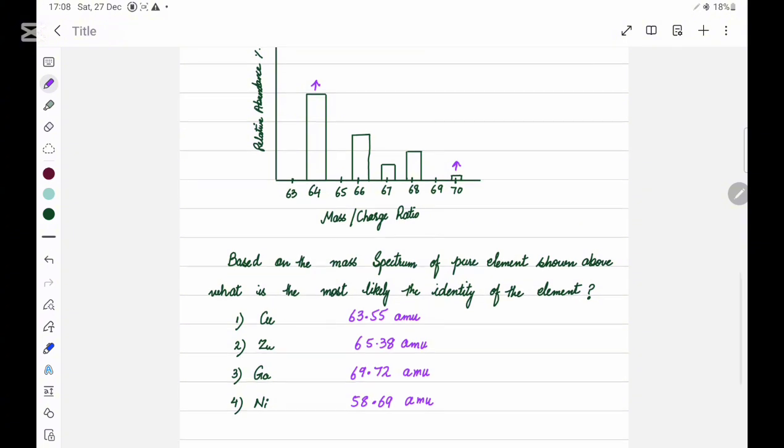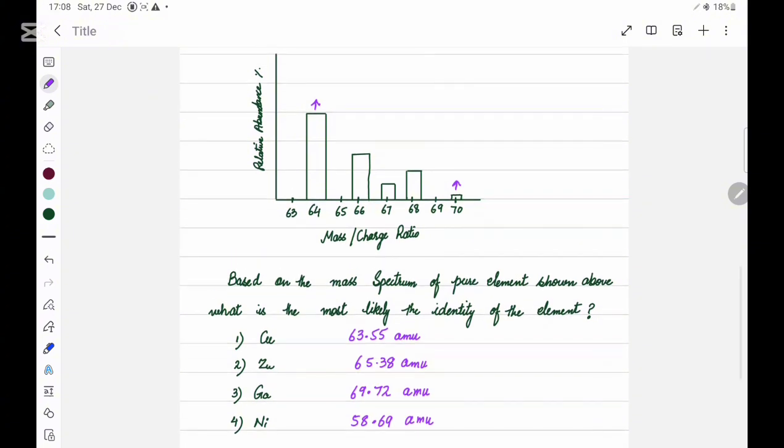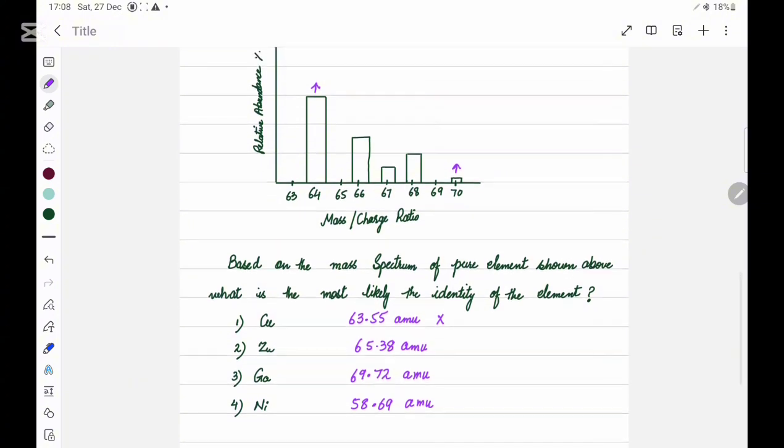If we look at copper, it is 63.55, which is less than 64. So this could not be the answer. And nickel is 58.69, which is out of this range. So this would also not be the answer. Gallium is 69.72, which is closest to the lowest abundance.